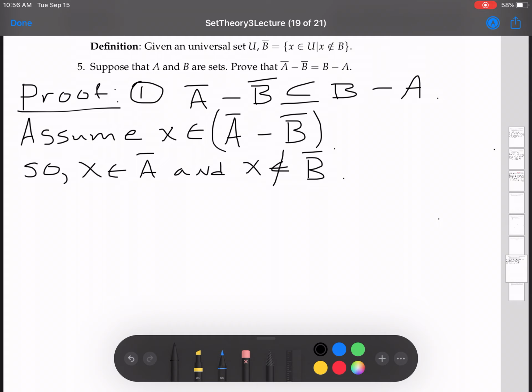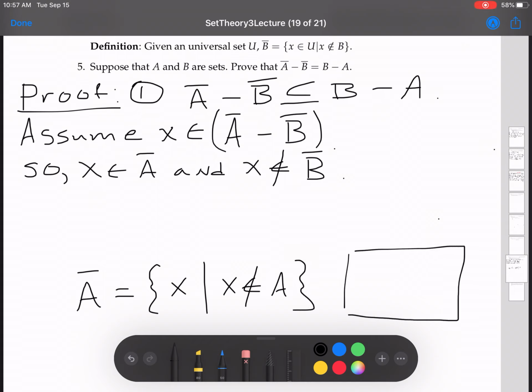Now because we're assuming that we're inside some universal set, not as part of my proof, but I just want to illustrate this. A complement is the set of all X such that X is not in A.